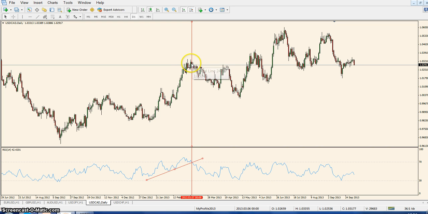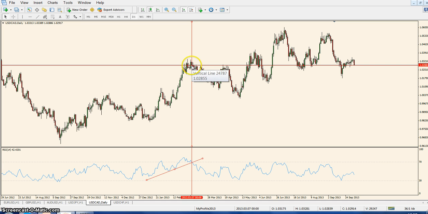So this bar corresponds to the break of trend line, and since it is a daily chart and I'm using the closing price for RSI, I will draw a line at the close of this candle, which is here. It comes out at 1.0288. Okay, so that becomes my entry, and because it is breaking a rising trend line, my trade will be in the opposite direction, which is a sell trade here.